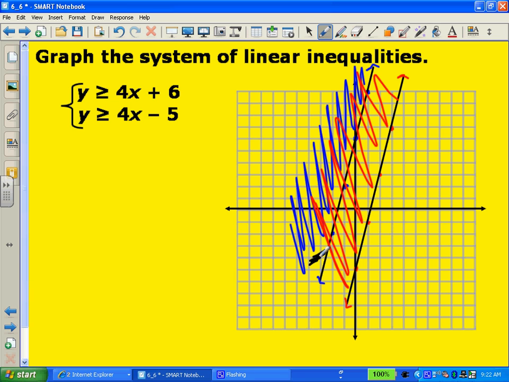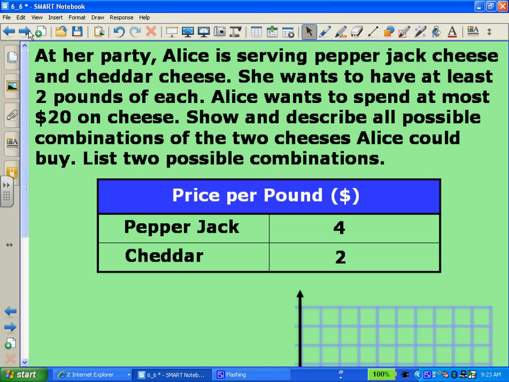So you'll notice on this one, the only area that they overlap is everything to the left of our first line. So when we have a system of inequalities with parallel lines, they'll either have no solution, they'll intersect in the middle, or they'll intersect completely to one side of the lines.